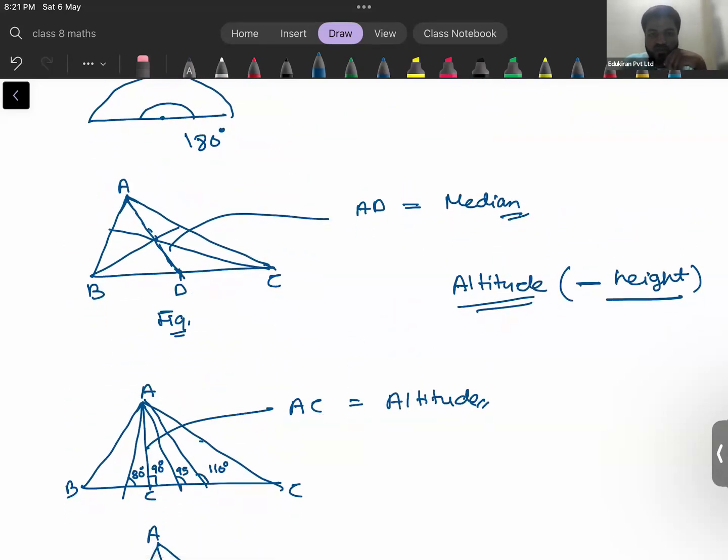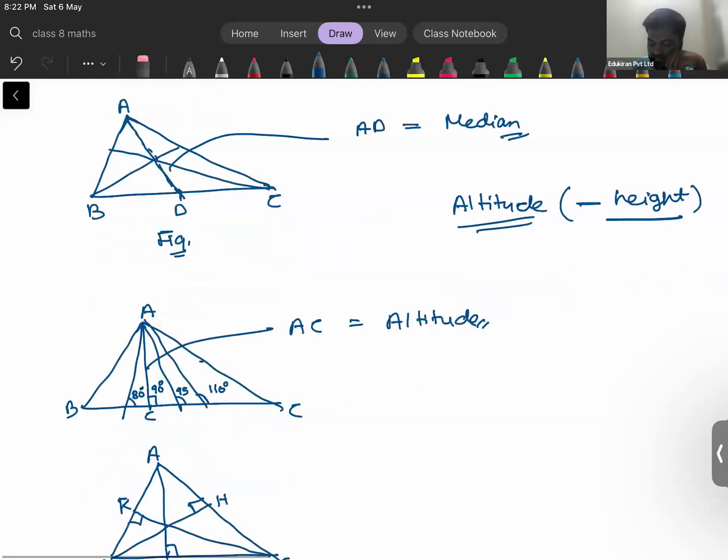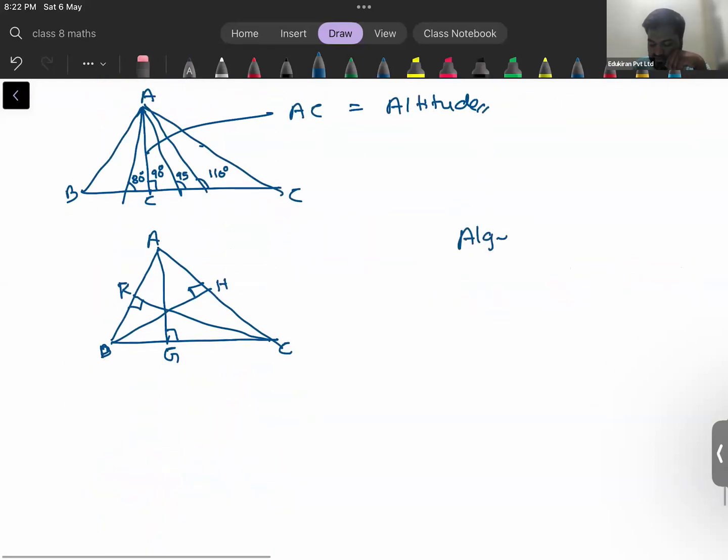And what else have you studied in your previous class? Have you studied about algebraic expressions?